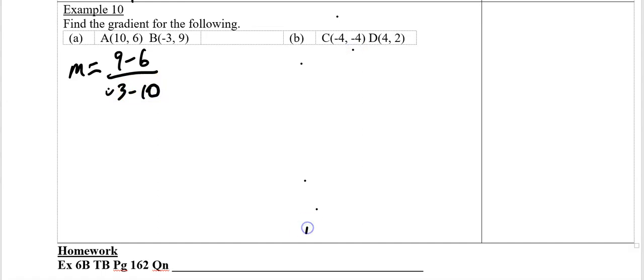Okay, let me write this a bit more clearly. So in this case, what I have is 3 over minus 13. So answer is very simply minus 3 over 13.